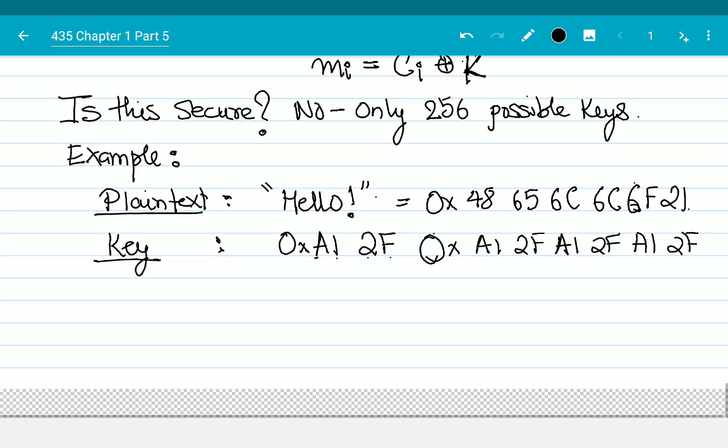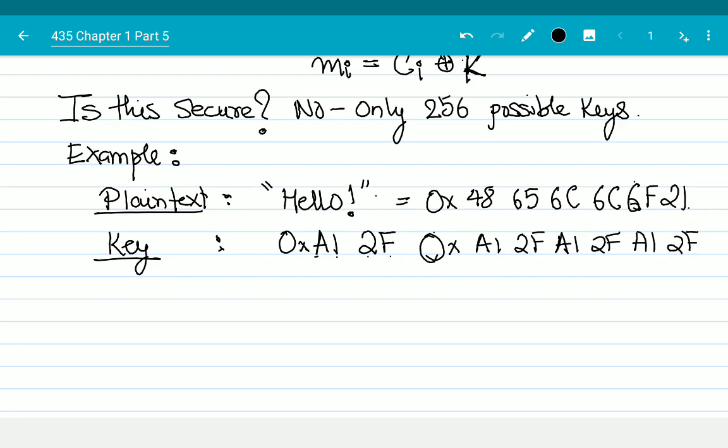Now, how does the addition work? How does XOR work?